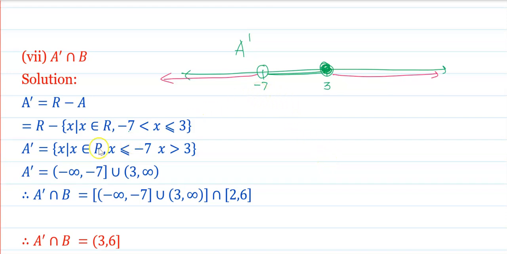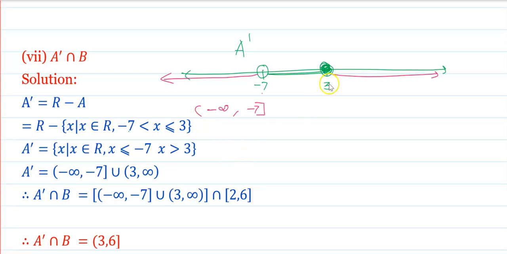Okay. Therefore, A complement means what? This was open here, now it will become closed. That is a closed -7 to minus infinity. Okay, -7 to minus infinity, and it is open.